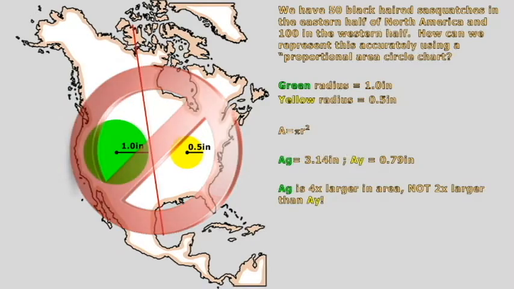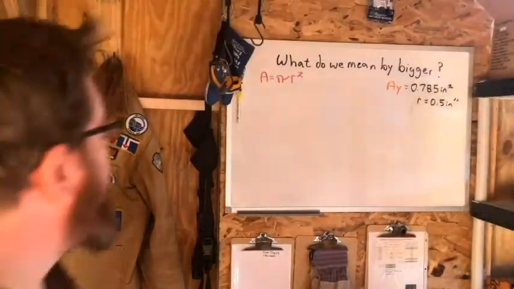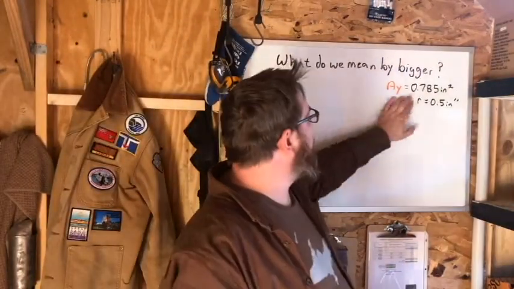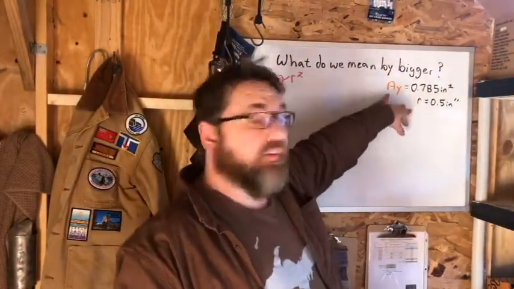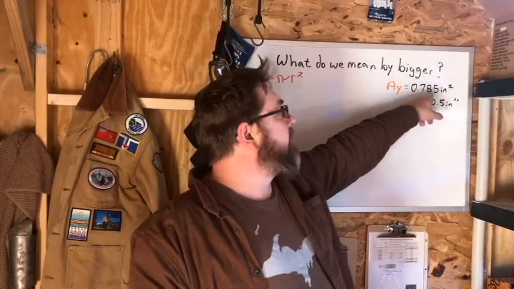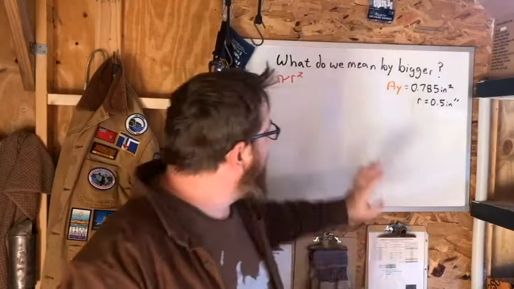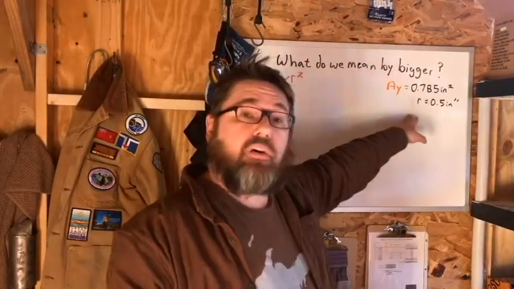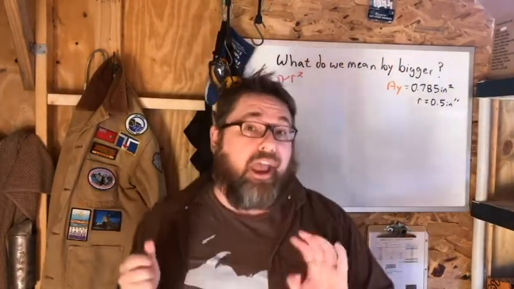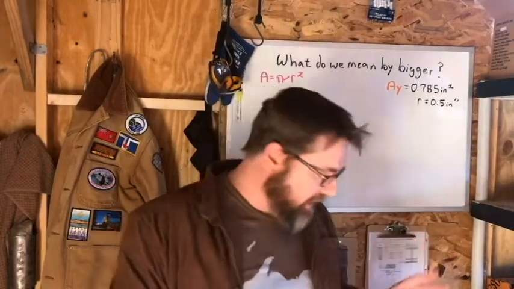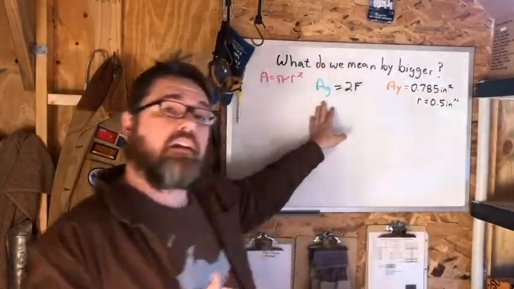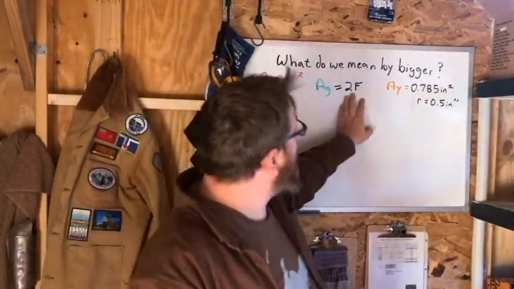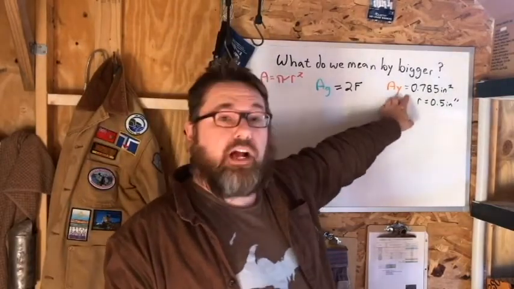What are we gonna do? To keep things simple, we are gonna keep the area of our yellow Sasquatch circle at that 0.785 inches squared based off our 0.5 inch radius. But we need to do our green Sasquatch area now. And how are we going to do that? Well, we're going to base it off of this. We know what our area needs to be because our green area needs to be 2 times greater than our yellow area.